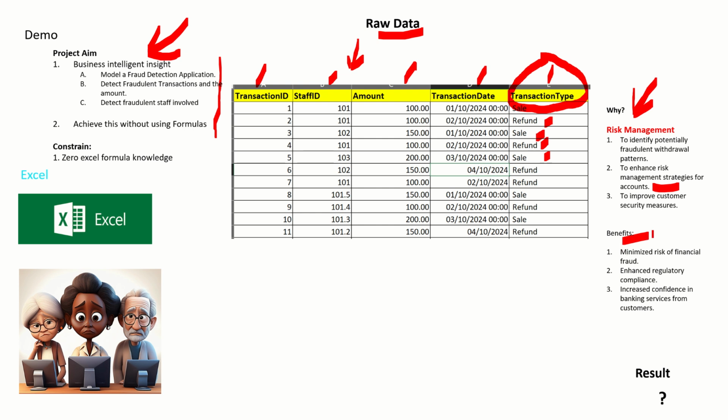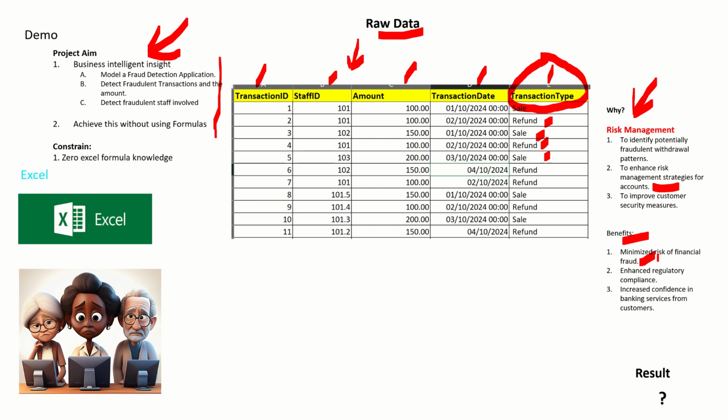What kind of benefits will a company involved in supply chain have if they have a good capability to detect fraud? Clearly, as you can see here, one to three, you can have a look later on, but I can see minimize risk of financial fraud. Yes, that's the key thing here.